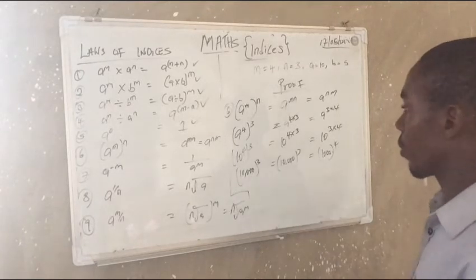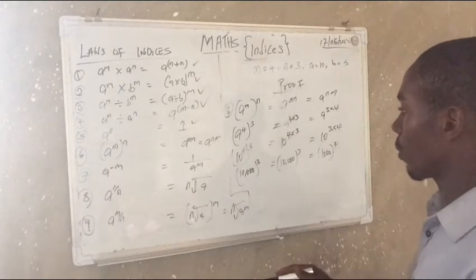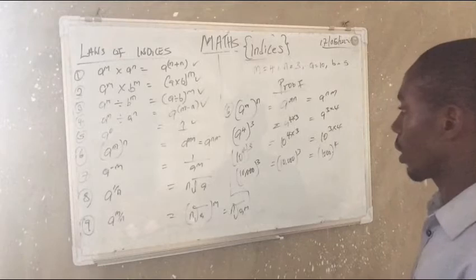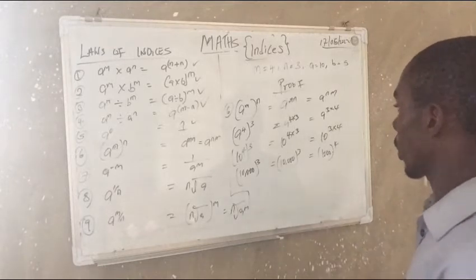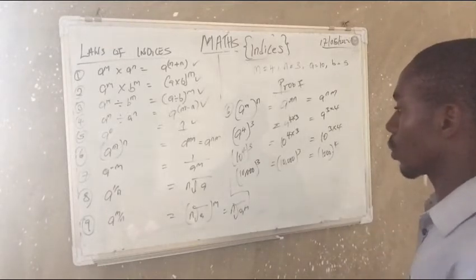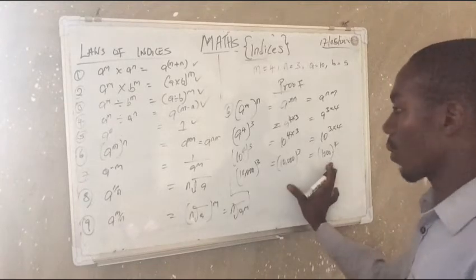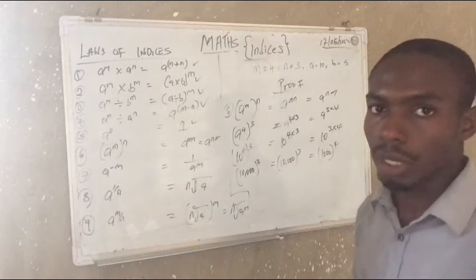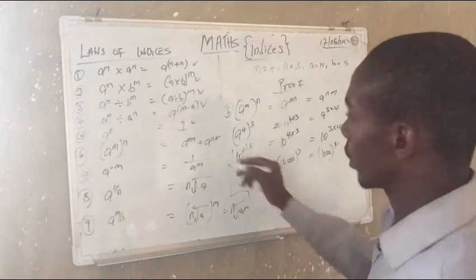This is 10 raised to the power 4, and this is 10 raised to the power 3. And this is to the power 3, and this is to the power 4. So whichever way, they are equal. You can punch it out with your calculator to know if it is correct. So, this is proven.